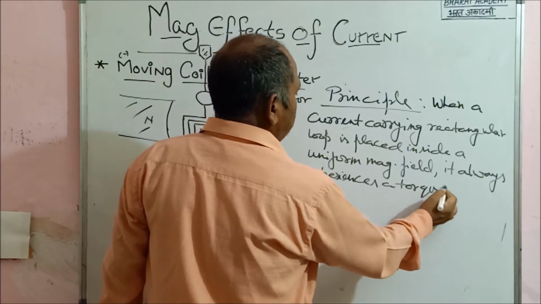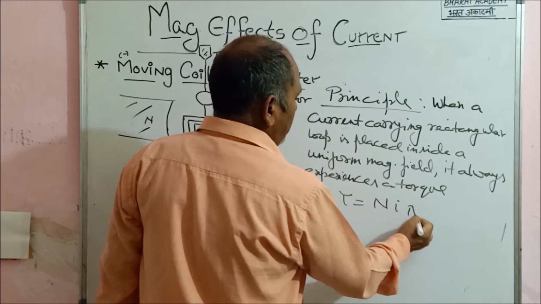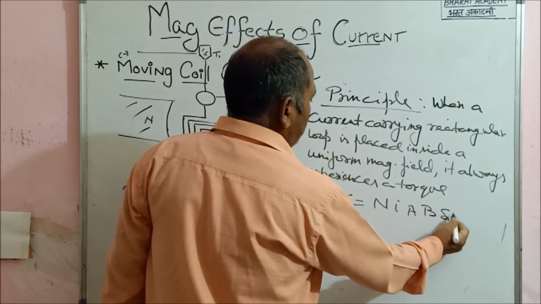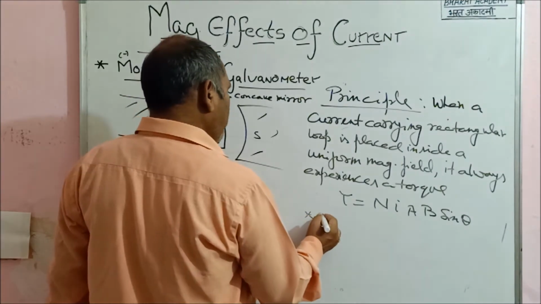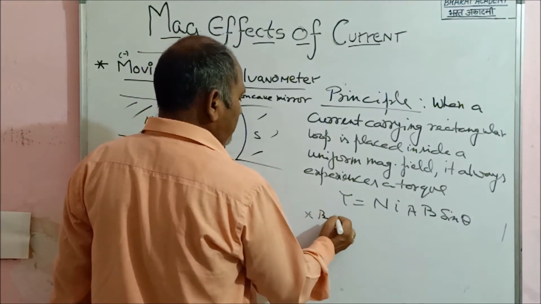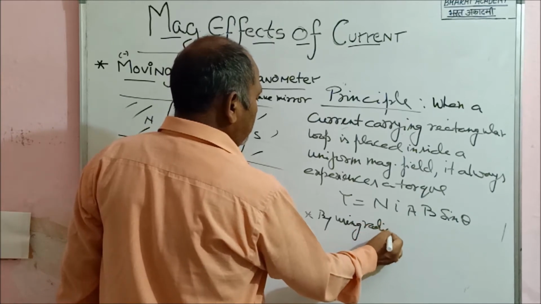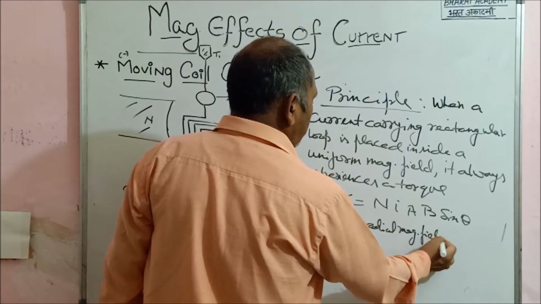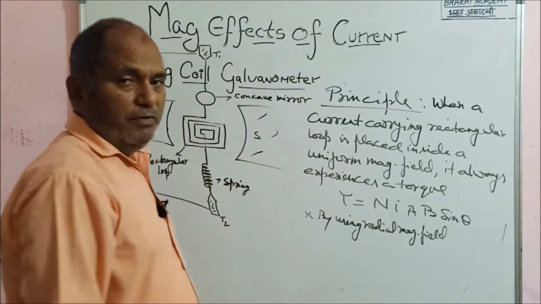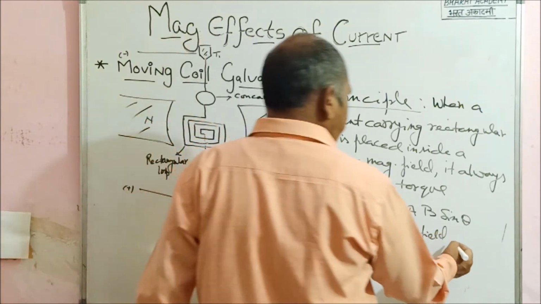A torque which is given by tau is equal to NIAB sin theta. Now again the same topic. By using a radial magnetic field, I am continuously repeating this word, what happens? The plane of the coil becomes parallel to the magnetic field and the normal of the surface becomes perpendicular to it.